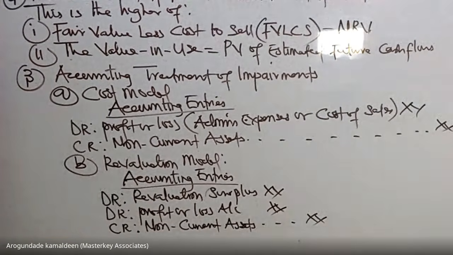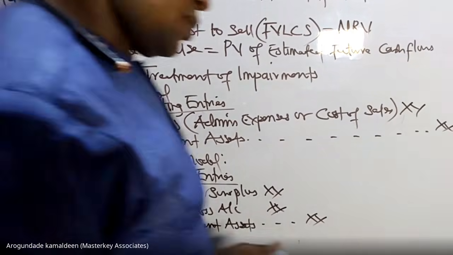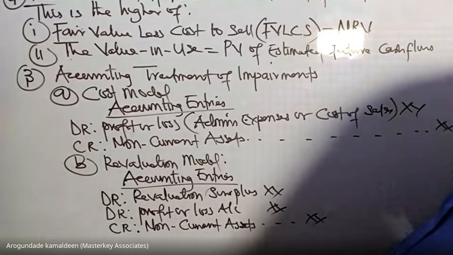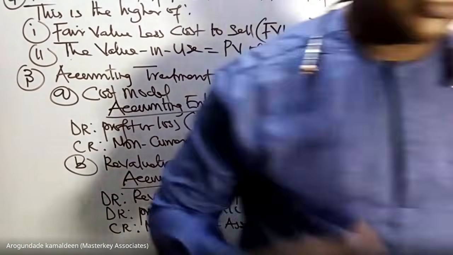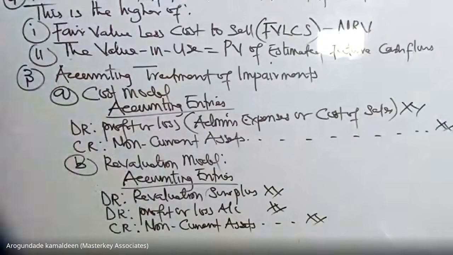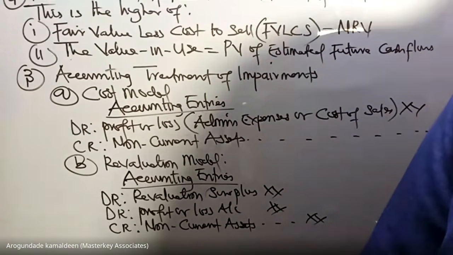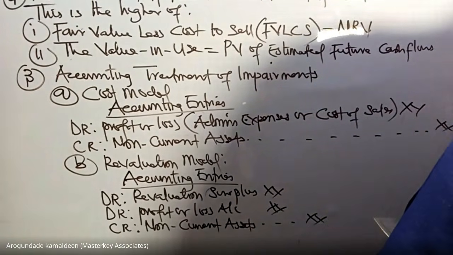Remember, class, that we are considering the impairment of two assets here: a single asset and a cash generating unit. But today, let us consider a single asset. So right away, look at question 1. We are going to solve about 4 questions today.